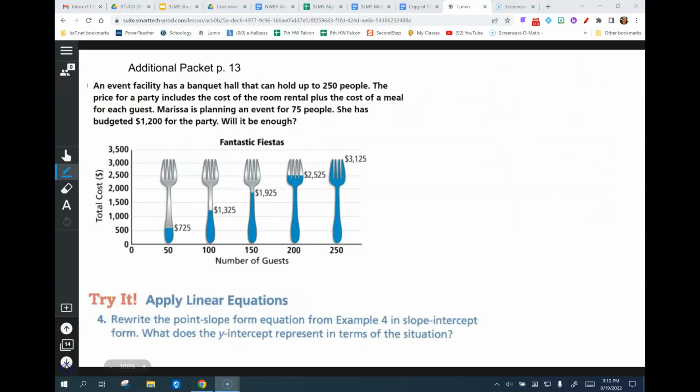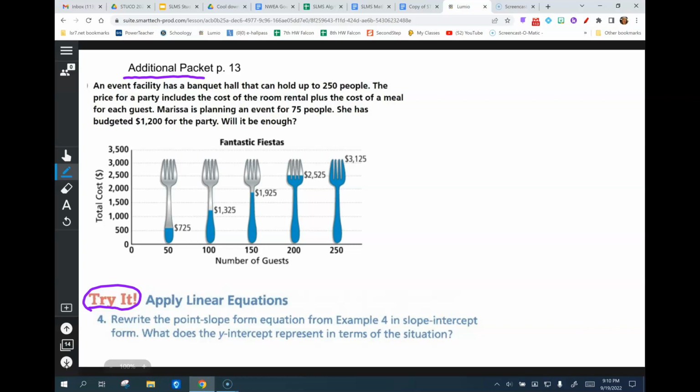Good. Now we're going to look at the additional packet again on page 13. We haven't left it. Okay, this is example number 4. Now you have this, try it in your book and it says in example 4. Well, it doesn't make sense unless you have example 4. So let's look at example 4. An event facility has a banquet hall that can hold up to 250 people.